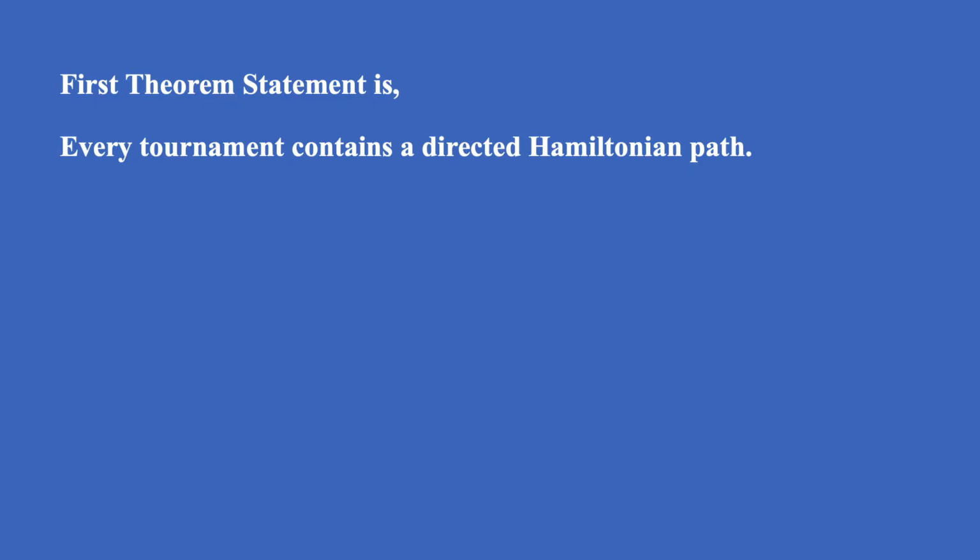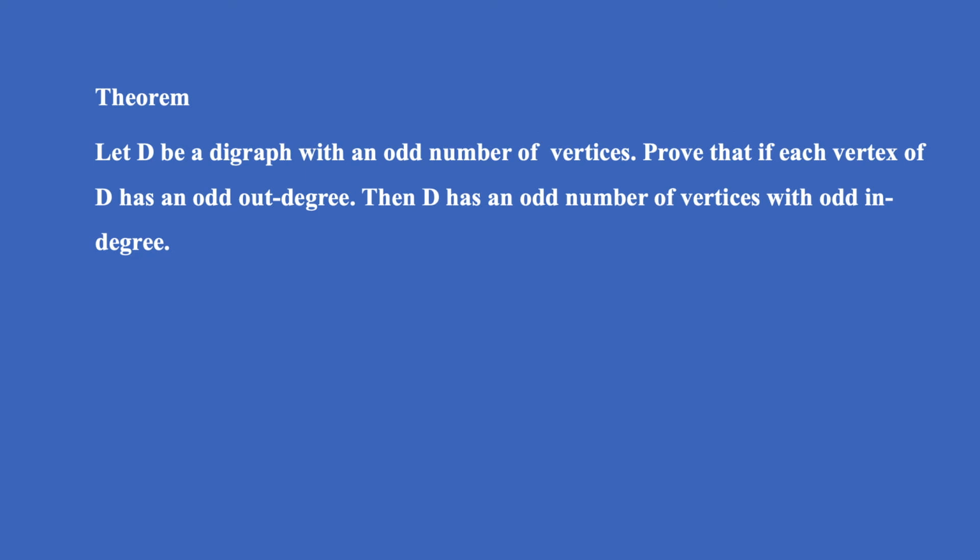Now, let us see some theorem statements. Interested people can go through the proofs in the script. The first theorem statement is every tournament contains a directed Hamiltonian path. The next theorem, let D be a digraph with an odd number of vertices.